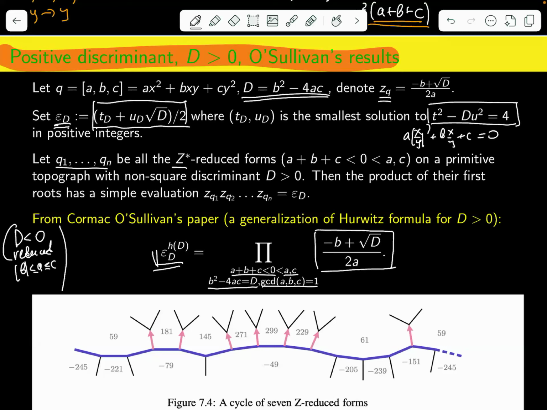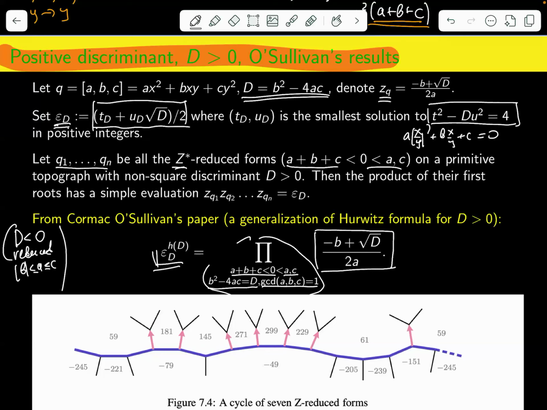But for the case when D is positive, you cannot find just one reduced form in every equivalence class. There are different definitions of reduced forms. There are so-called Zagier reduced forms, and these are Zagier star reduced forms. But what it means is just these conditions that we have here in the product.